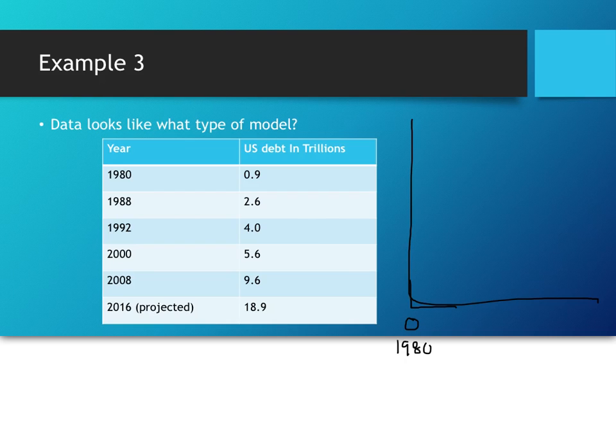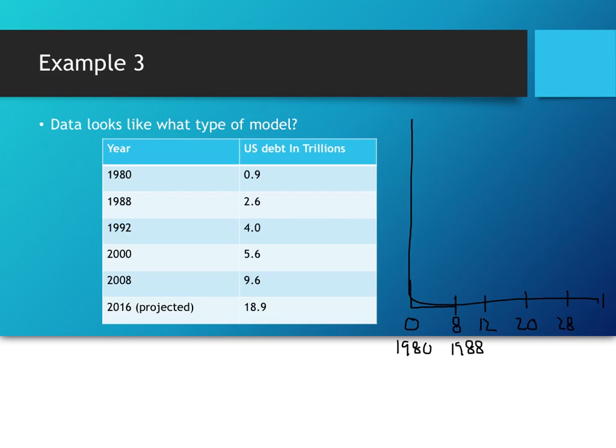Then 1988 would be year 8, and that often makes the calculations a little bit easier. 92 would be 12. 2000 would be 20. 2008 would be 28.